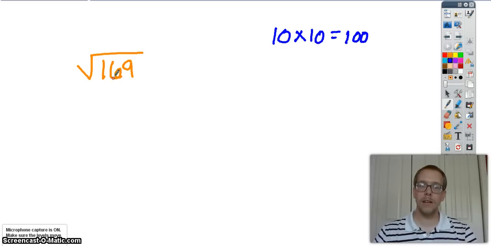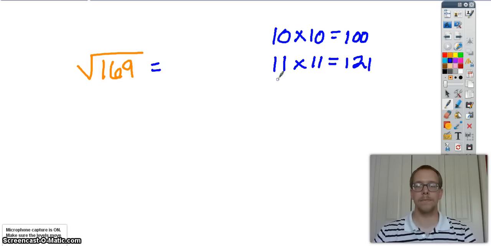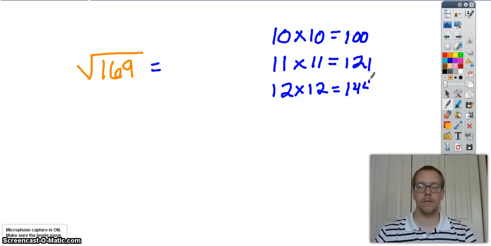And that's close to 169, so let's keep going with my perfect squares. If your perfect squares are sharp, you know that 11 times 11 is 121, which means we're getting a little bit closer. You know that 12 times 12 is 144.